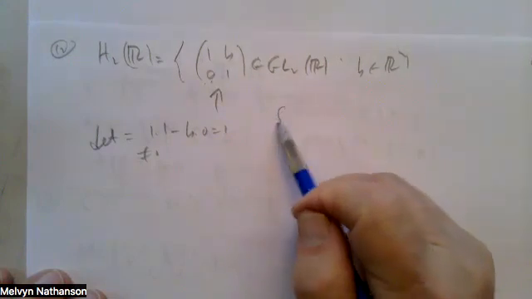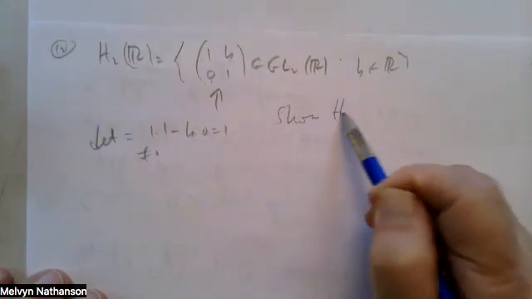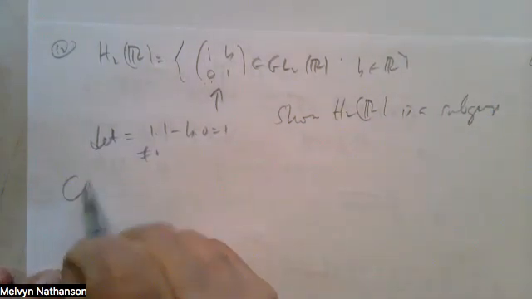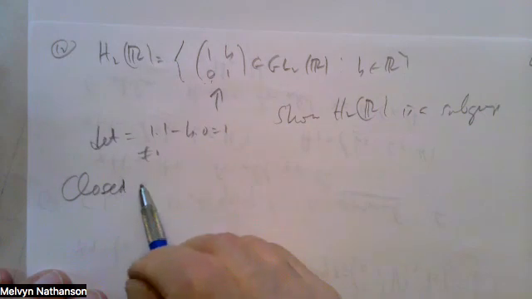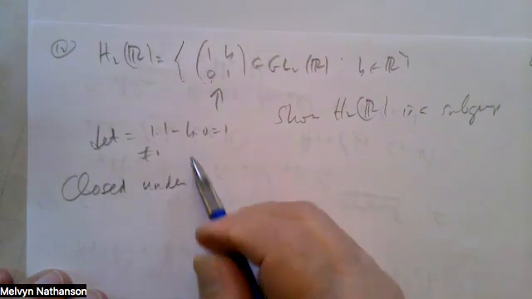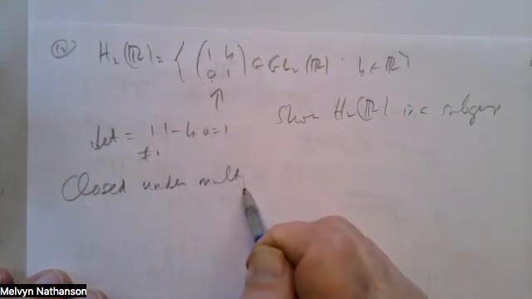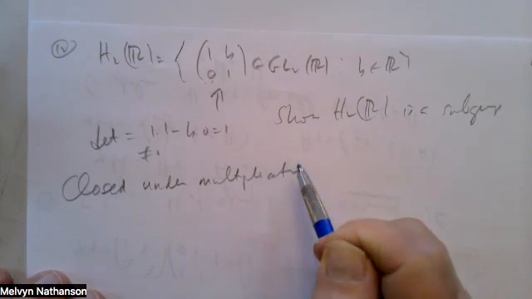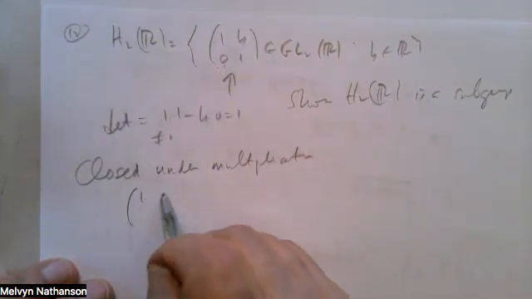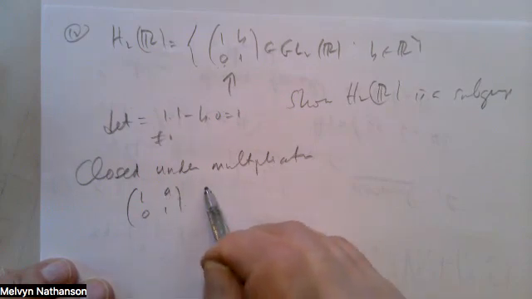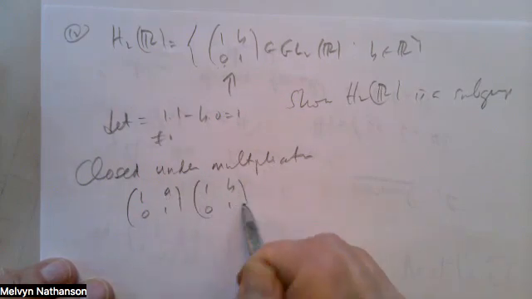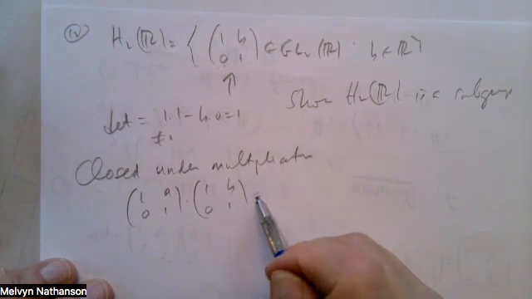And I want to show H2(R) is a subgroup. So the first thing I need to show is closed under multiplication. So suppose I take two such matrices, [1, A; 0, 1] and [1, B; 0, 1], and I multiply them.